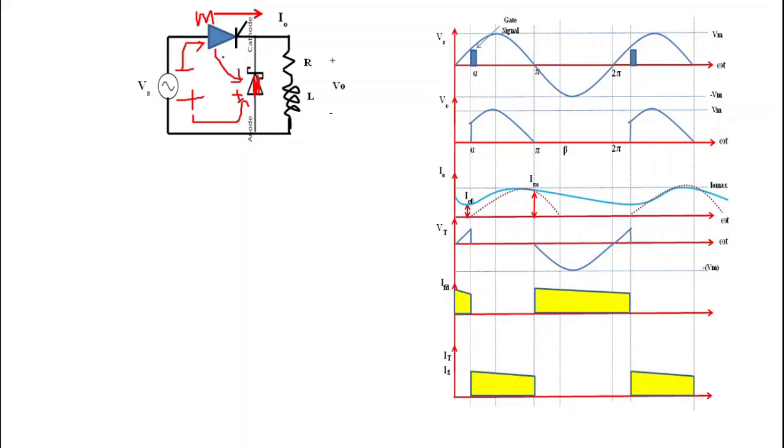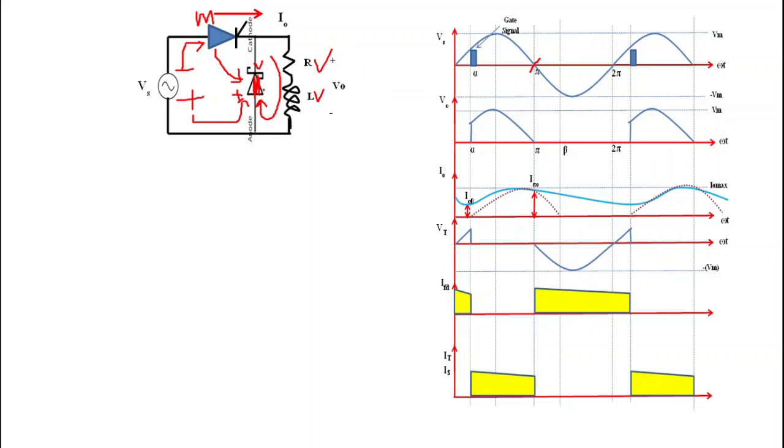That's why when the polarity of the sinusoidal waveform reverses after pi, the freewheeling diode gets forward biased and acts as a short circuit, and the current I0 shifts from the thyristor to the freewheeling diode, and I0 freewheels in this loop. We can say that I0 will flow through the resistance R, the inductance L, and the freewheeling diode.